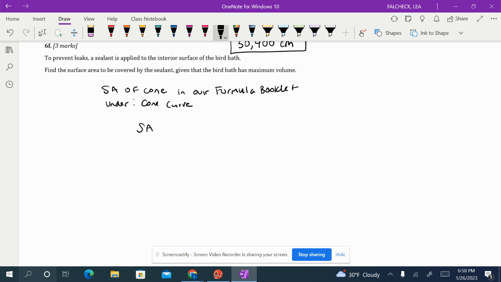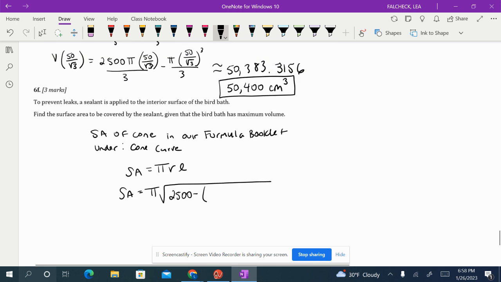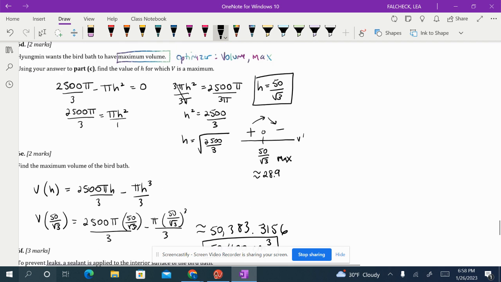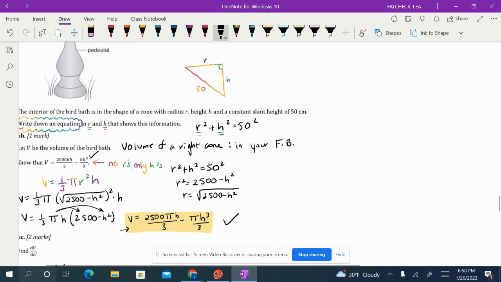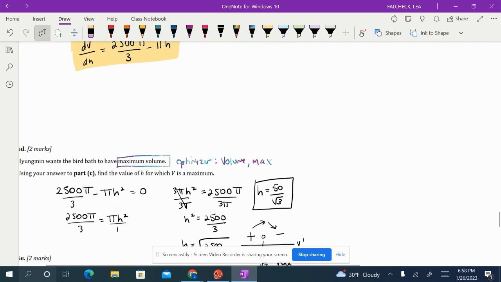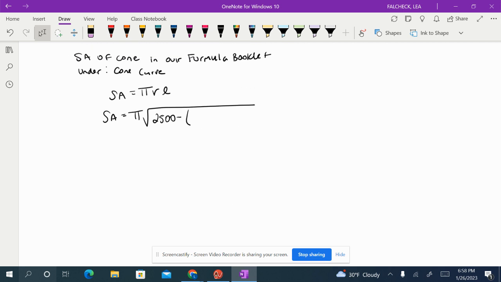You should have gotten that the surface area of the cone curve is equal to pi times r times the slant height L. So we have the surface area is equal to pi times the square root of 2,500 minus, this was for r. Where is r? There we go, up here, 2,500 minus h squared. Okay, great, we can totally do that.